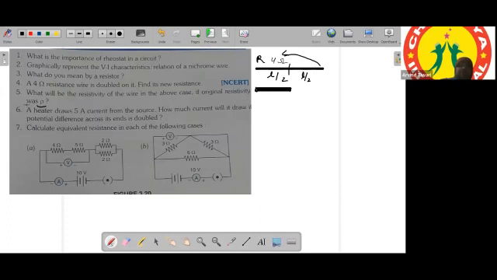Then see question 6. A heater draws 5 ampere current from the source. How much current will it draw if the potential difference across its two ends is doubled?